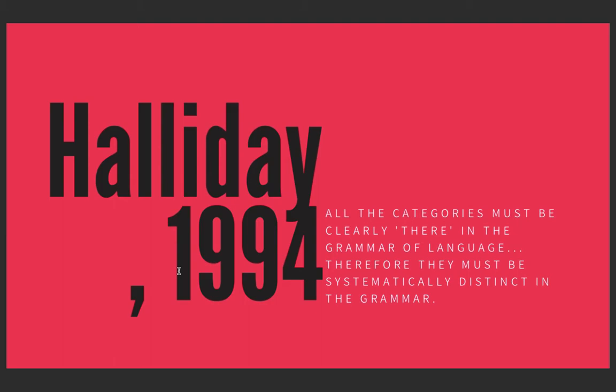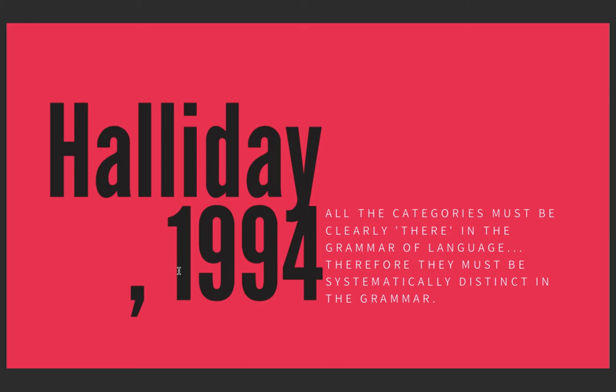They are not set up simply to label differences in meaning. In other words, we do not argue that these two sets of examples have different meanings, therefore they must be systematically distinct in the grammar. So again, Michael Halliday is saying that we don't just put words to label the differences in meaning, because this is a noun, this is a verb, this is an adjective.